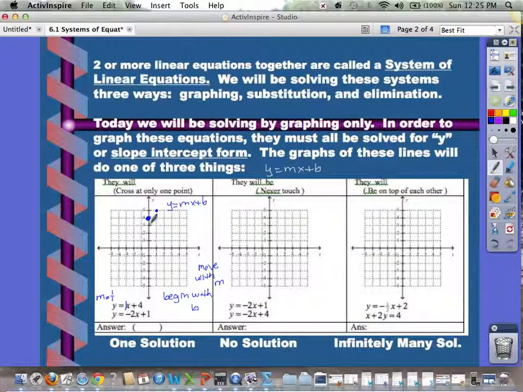We can go down 1 and over 1 and put a dot. And I would suggest putting several because you're going to need a line that's going to extend, because with these things you're going to have longer lines in order to see where they might intersect. All right, so you keep on going and then draw your line.